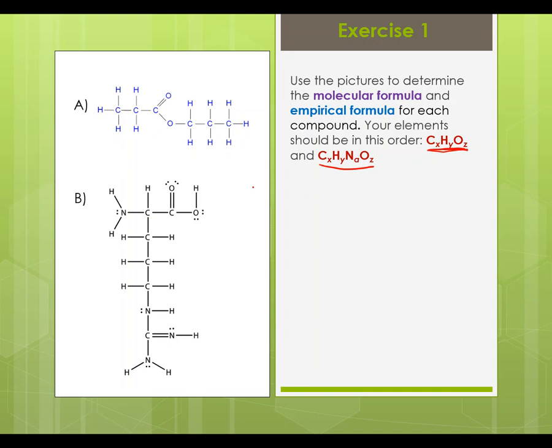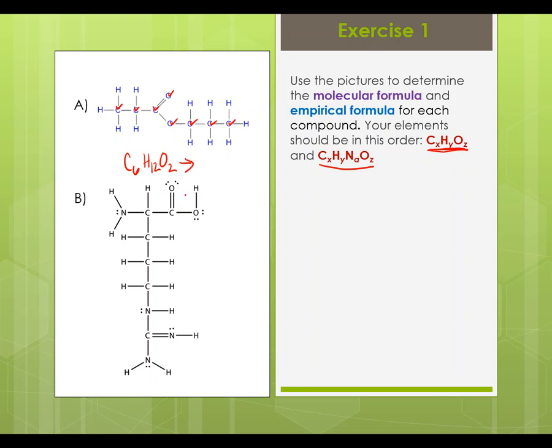And then all I need to do is start counting them. 1, 2, 3, 4, 5, 6. C6, 6 carbons. The next one, of course, is hydrogen. 1, 2, 3, 4, 5, 6, 7, 8, 9, 10, 11, 12. And then 2 oxygens, O2. So this is going to be my molecular formula.